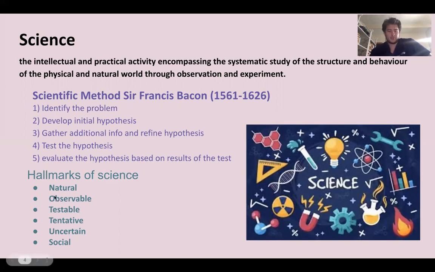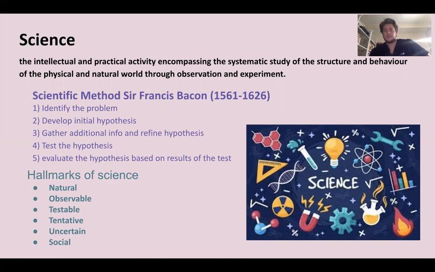Something that is observable, something that we can observe with our senses, something we can look at or hear or feel. And then we have to be able to test this thing that we've observed. If we can't test it, then there's no point.